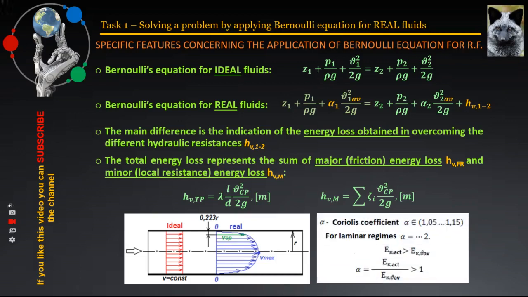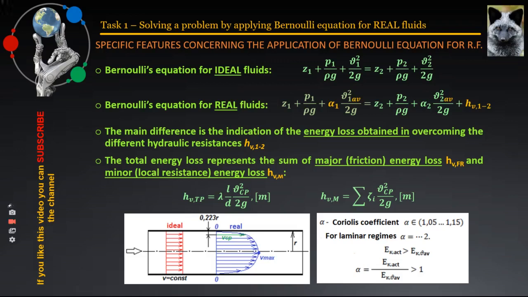To clear up this inaccuracy, the Coriolis correction coefficient is introduced, which represents the ratio between the kinetic energy, the actual, and the one calculated with the average velocity. And from the condition that the first is always slightly greater, it follows that this coefficient will always occupy values greater than 1.